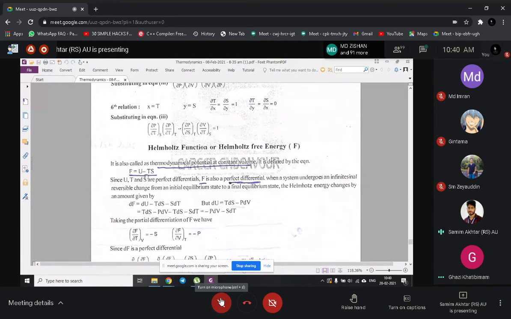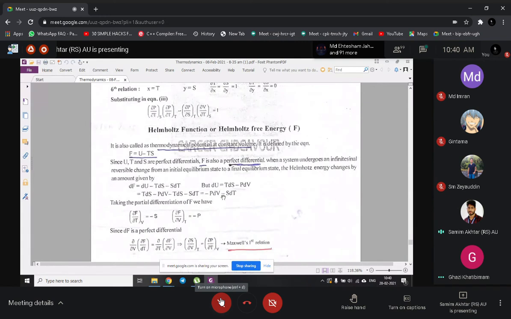And if you take the derivative, dF equals dU minus TdS minus SdT, right? And dU from the first law of thermodynamics, that expression, if you put it here, gives us minus PdV minus SdT.